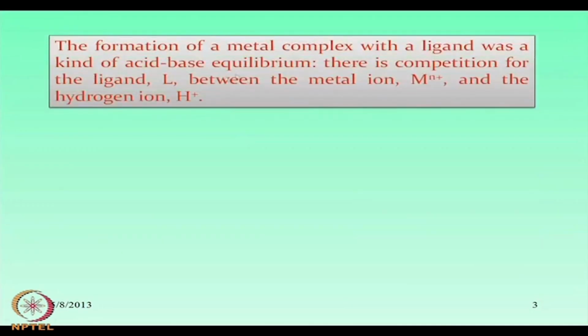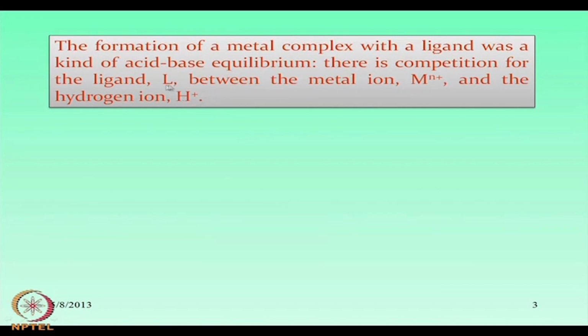In that particular case, the formation of a complex with a ligand can be considered as a typical acid-base equilibrium, and there is a competition for the ligand L between the metal ion Mn+ and the hydrogen ion. Because the metal ion is a cation and the hydrogen ion is also a cationic species.